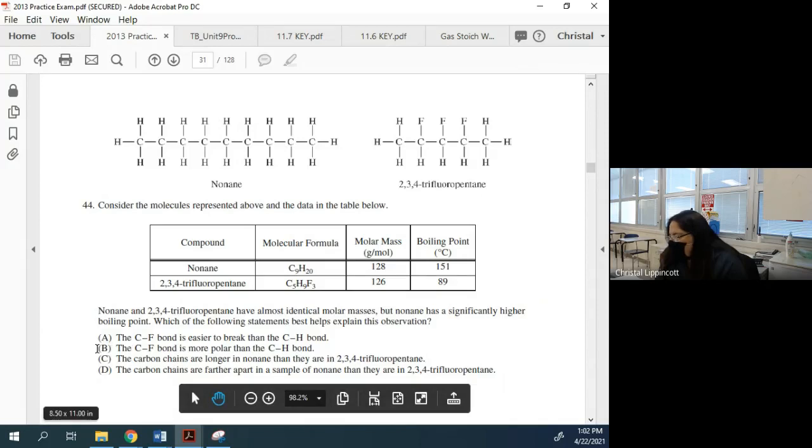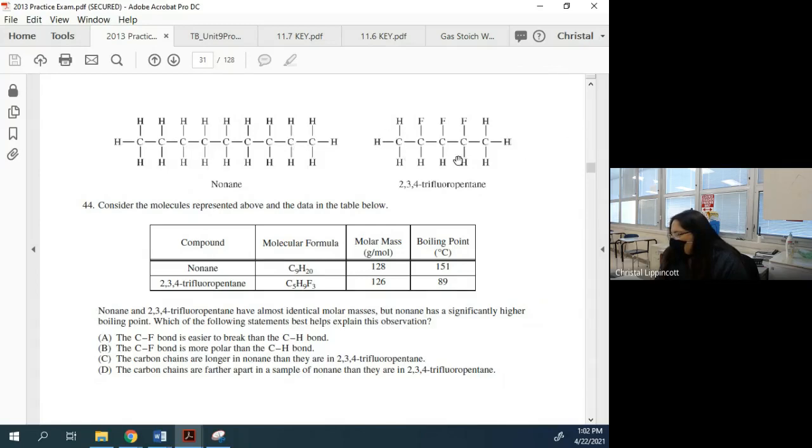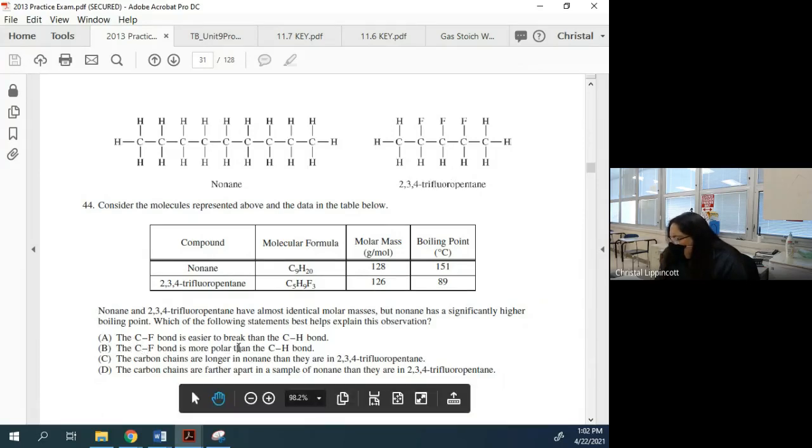So A is definitely going to be out. B is out because this is not a polar molecule. This is completely symmetrical. So is this. There is no polarity here. So we're not dealing with polarity in terms of this molecule. Although I would say that you could have a slightly polar side on this side versus this side. But that's not going to be the answer.